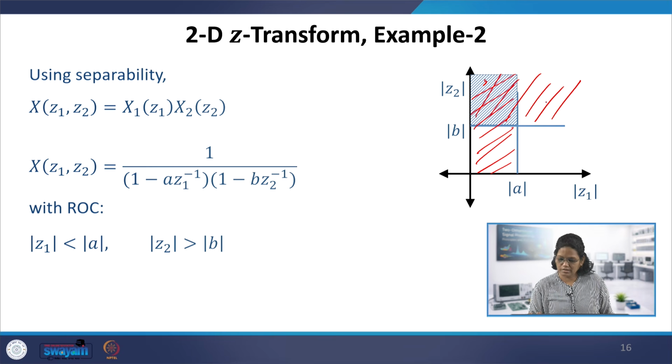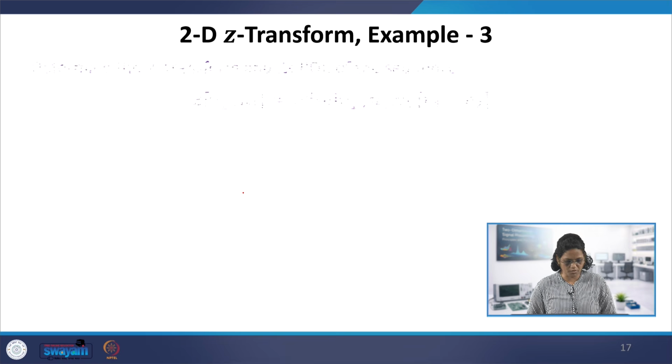So the second quadrant sequence has the ROC in this region. The first quadrant had the ROC here, the second quadrant has this, the third quadrant will have the ROC in this place, and the fourth will have this. So this is using the separability concept: we can split the sequence into two 1D sequences and get the Z transform.